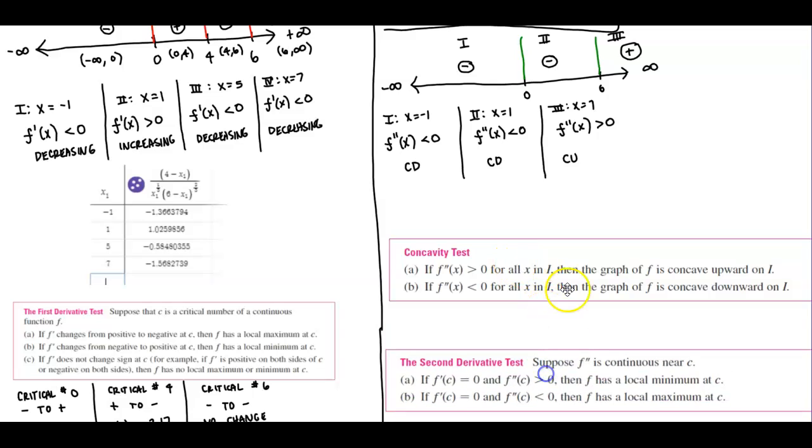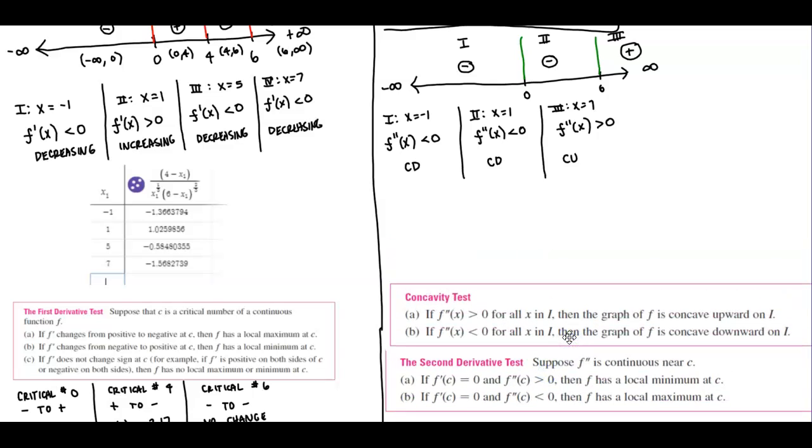So now we need to determine if there is an inflection point, or points. Well, in regions 1 and 2, it's concave down and concave down. So if it's concave down and concave down, then 0 is not going to be an inflection point. But here we can see that in region 2, it's concave down, and then it goes to concave up at 6.